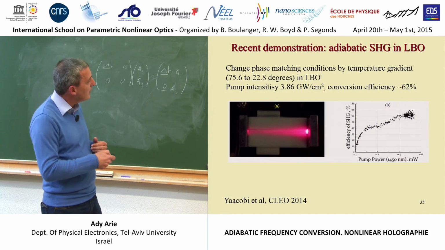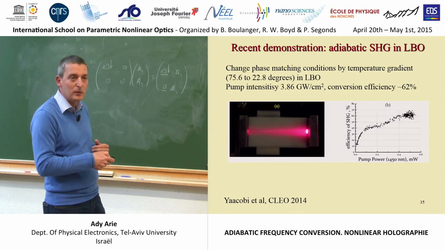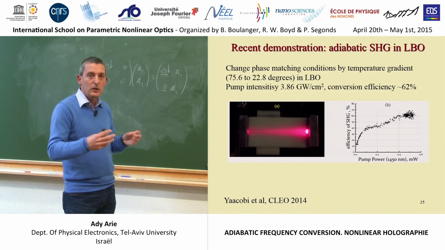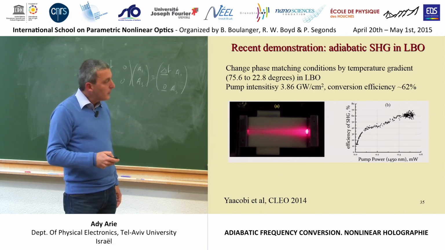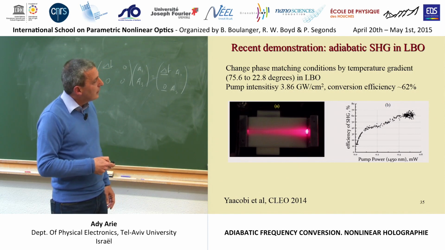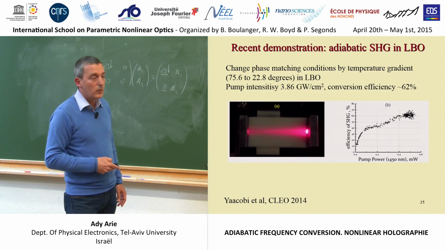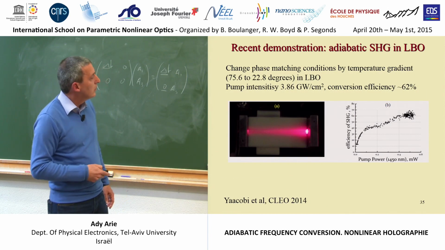In one place, they heat the crystal. In the other place, they cool it. And then there is a gradient of temperature, which gives a gradient of delta K. In this case, they can get around 60% efficiency in second harmonic, 62.